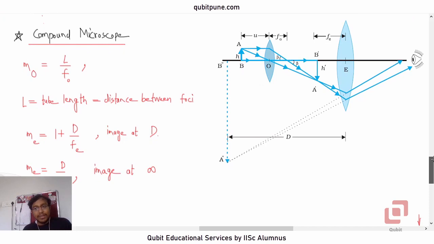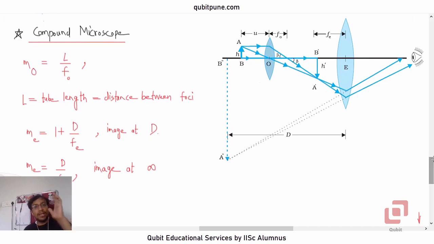So what is a compound microscope? In a compound microscope, there are two lenses. The first one is called the objective, and the second one is called the eyepiece.